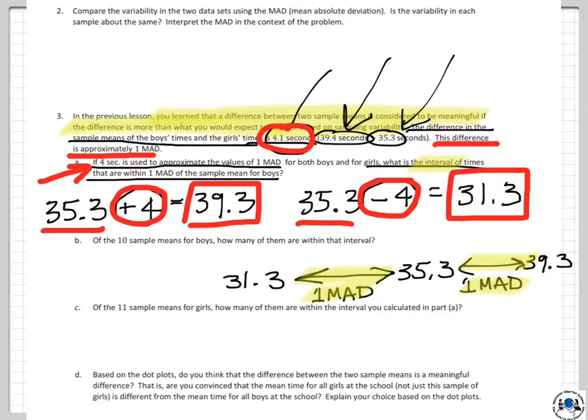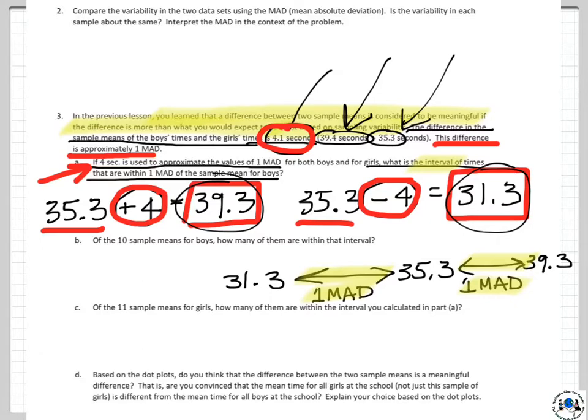I know if that seems convoluted, you can just watch it again. You could watch other videos on it if you'd like. It's fun stuff if you're into this kind of statistics and numbers. It gets a little hard to understand at times, but it can be fun. So that's what this is all about. Anyway, that was our interval. Our interval was between 31.3 and 39.3, and that's all you need to know.